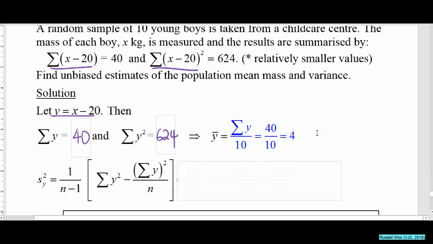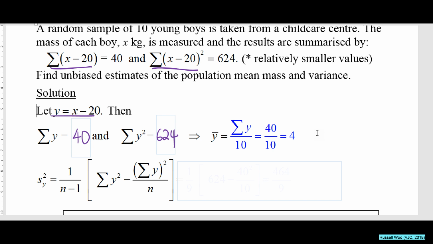It's not the mean of x. The question asked for the population mean, the mean of x, because x is the data you're interested in. But we only find the mean of y. But later on, let's do that later. Let's find the mean of y. And to find the unbiased estimate of the population variance for y, I repeat one more time, for y. Okay?